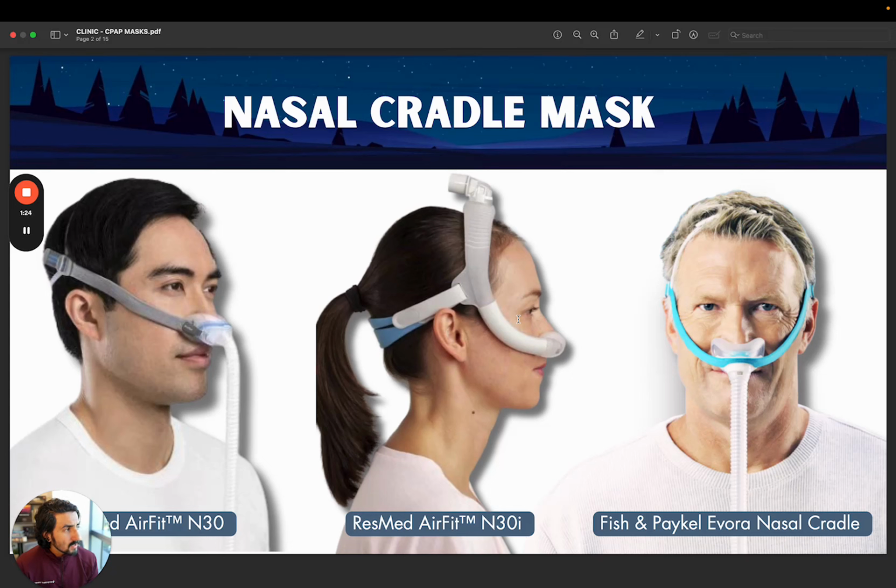In the process of selecting a mask, the things to be thoughtful of, one is, are you a mouth breather or a nasal breather? Ideally, if you are a mouth breather, one should want to try to learn how to breathe through their nose if they can. And if they have chronic nasal congestion, that needs to be addressed separately, and there's a separate video for that.